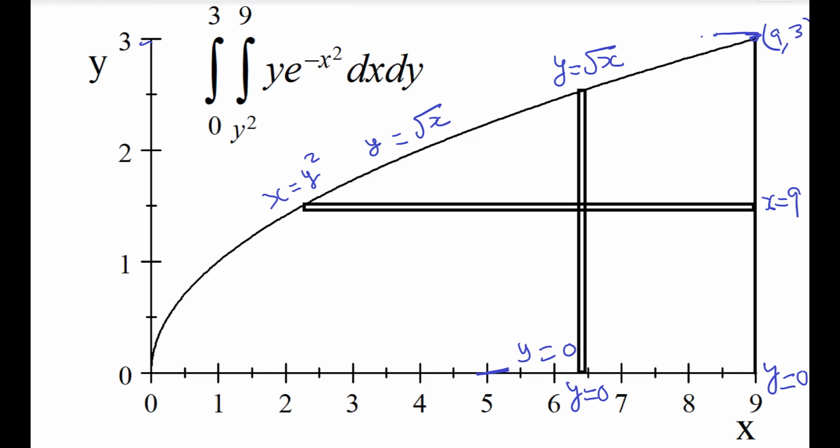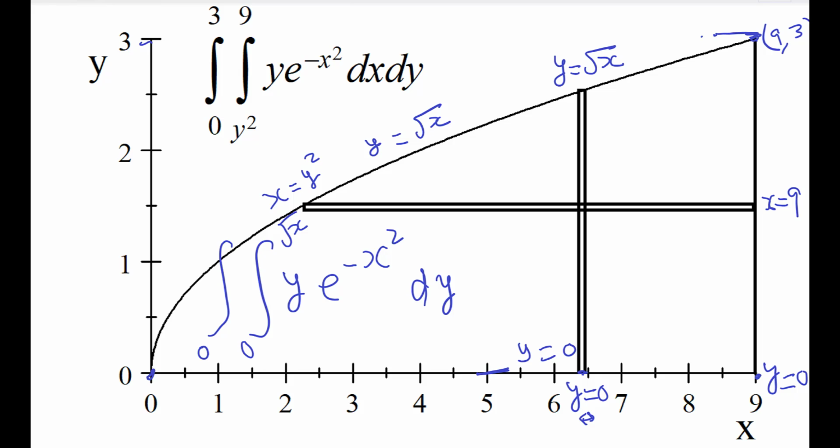Okay, so if we change the inner to dy, then the limits for the inner will change from 0 to square root of x. And for the outer values, you can see that now x, this element, is going to range from x equals 0 to x equals 9.